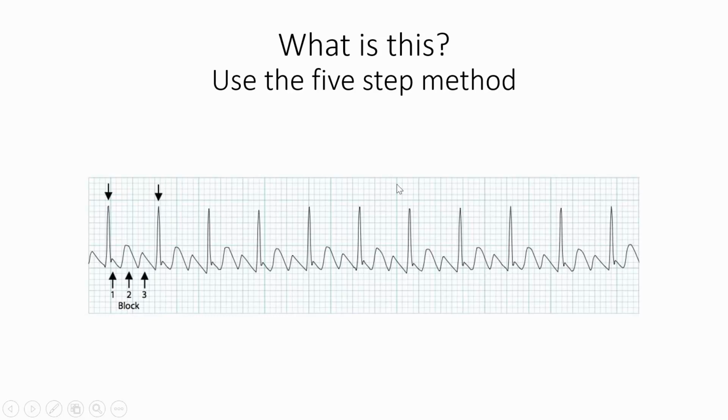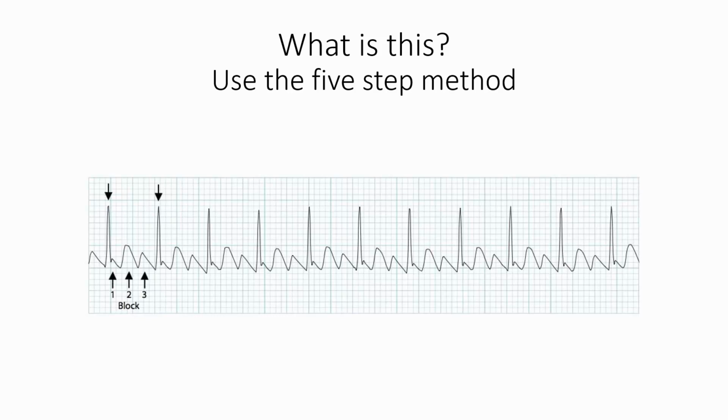Okay, so our rate's 110. Then we're going to look at our R's right here, and they have 2 R's marked for you, and we're going to look to see if it's regular, meaning our R to R's are constant. So we look there, we're comparing, and what we compare is that yes, this is regular.